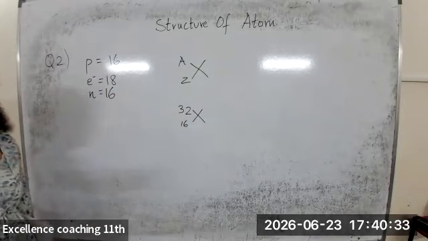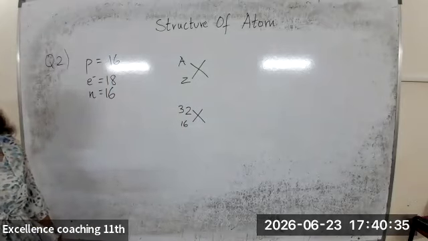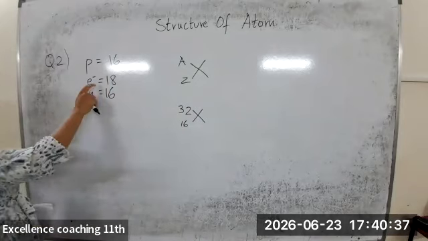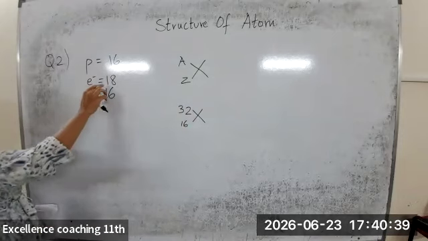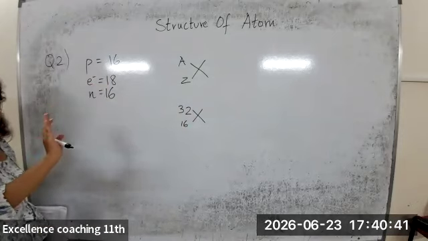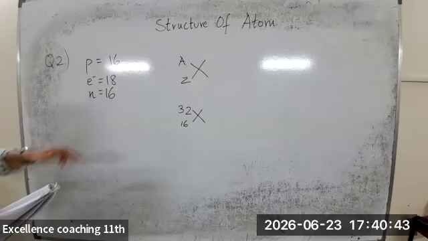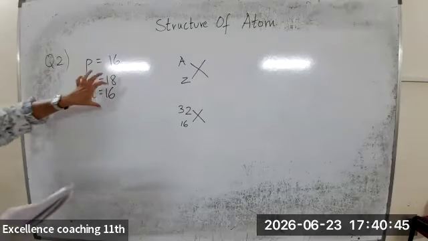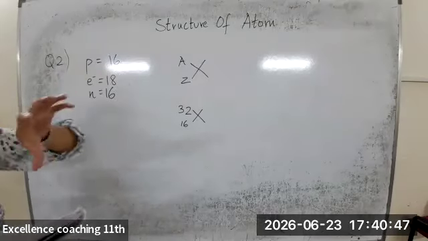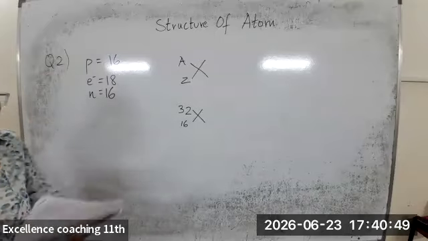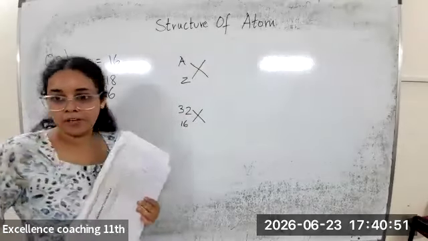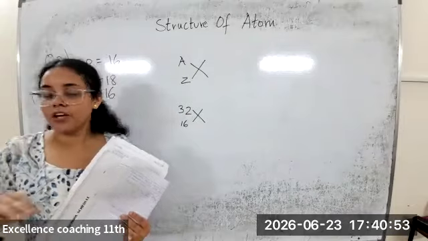But now you must have got a hint. This is not a neutral atom. Why is it not a neutral atom? Electrons are extra. By rule, electrons should be 16. But the electrons are extra. So the extra part we represent as the charge, like the net charge. I spoke about the net charge previously.